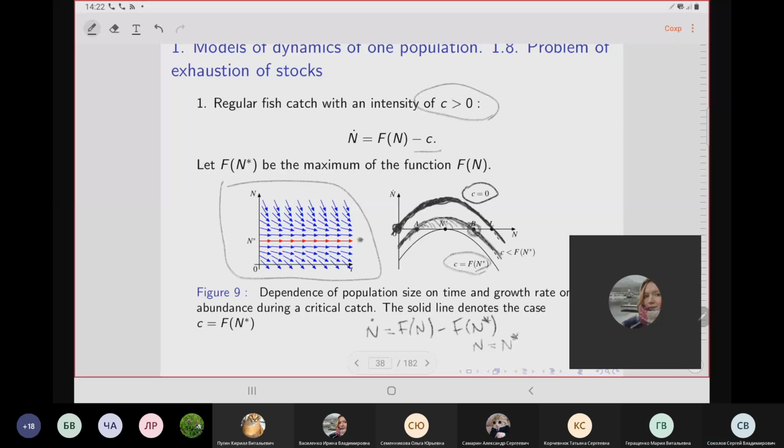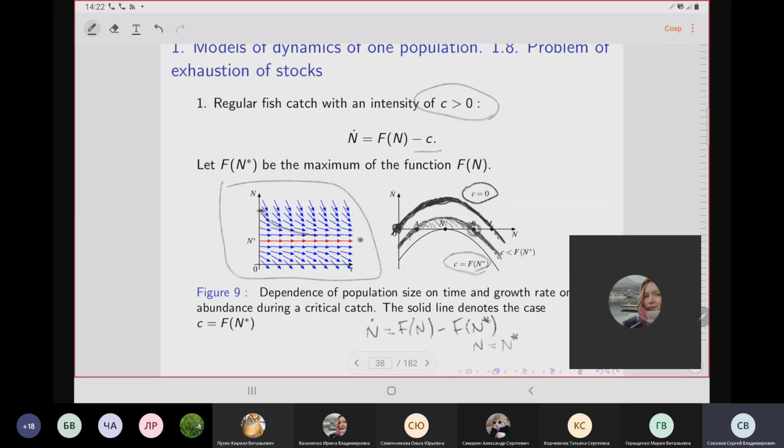So what will happen with our model? Let us suppose that the initial number of crucians is okay. The initial number of our fish is bigger than this critical value.